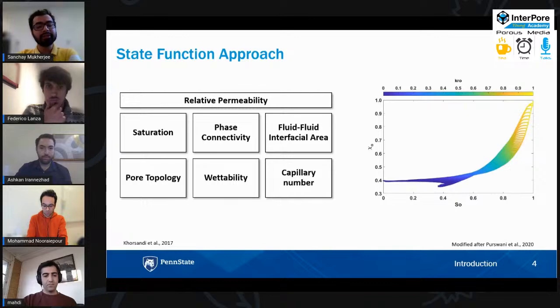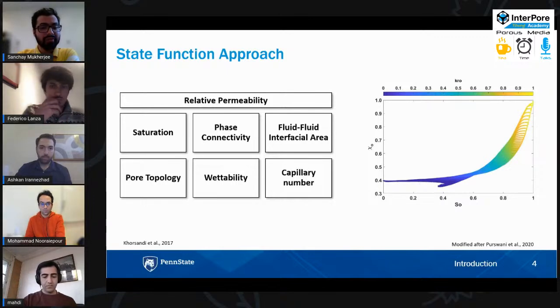Following this, Pervaiz et al. in 2020 used the state function approach and showed how relative permeability is dependent on saturation S and connectivity X. They assumed all the other parameters such as pore topology, wettability, and capillary number to be constant, and interfacial area was not considered.